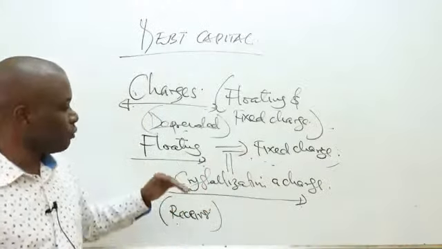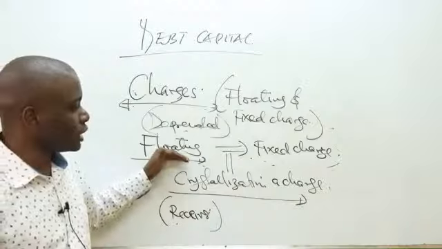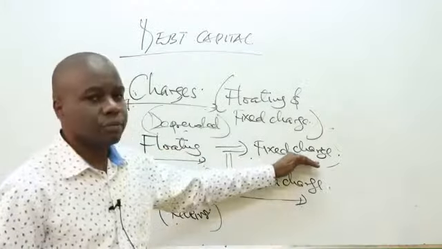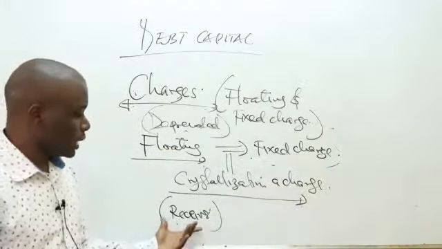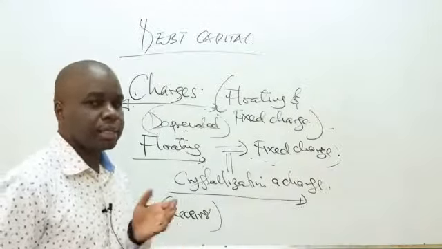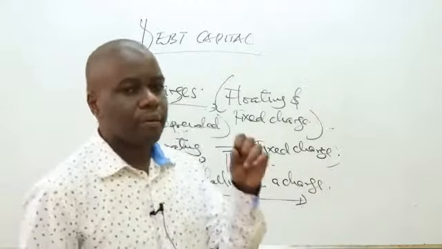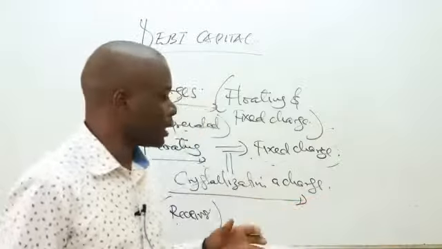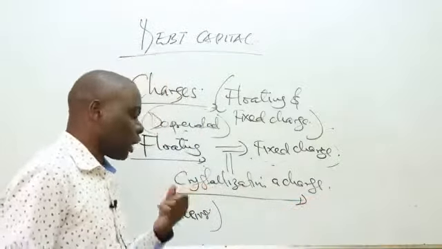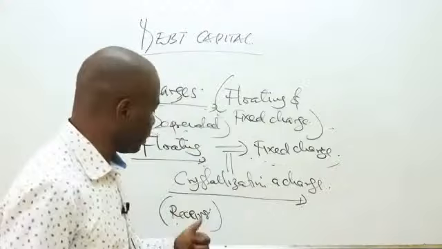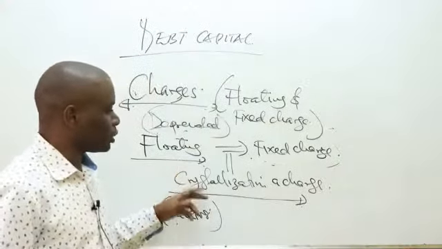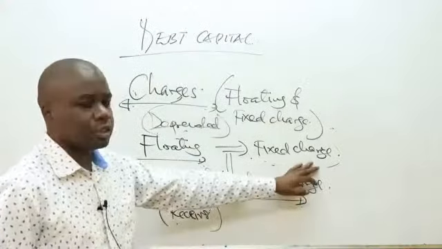So these particular floating charges will no longer be floating charges, but become fixed charges. If they appoint a receiver to come in, maybe manage the company or recover their assets on their behalf, that occurrence, the appointment of a receiver, will make the floating charge crystallize and become a fixed charge.